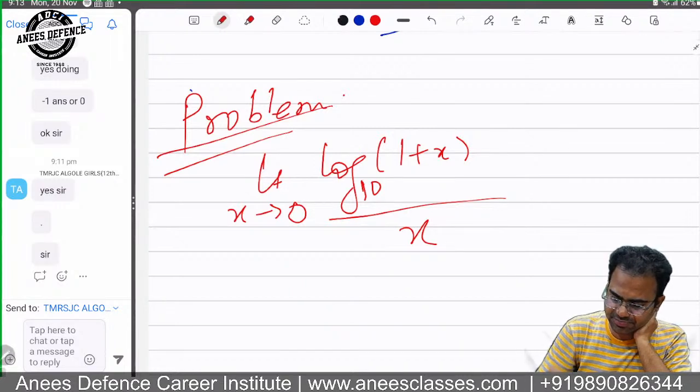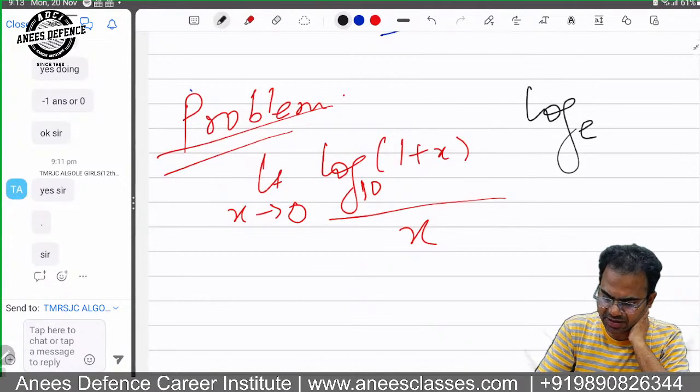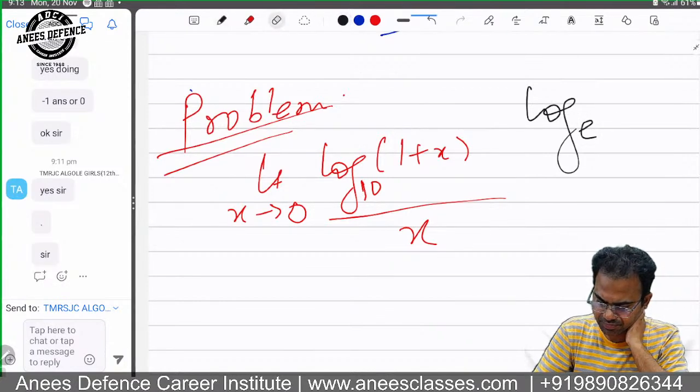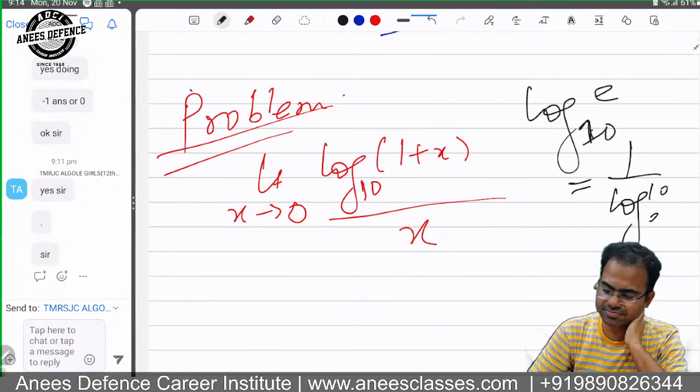The answer is log e to the base 10. No. Log 10 to the base e. Log 10 to the base e, that means your answer. If you write in the denominator, log 10 to the base e.